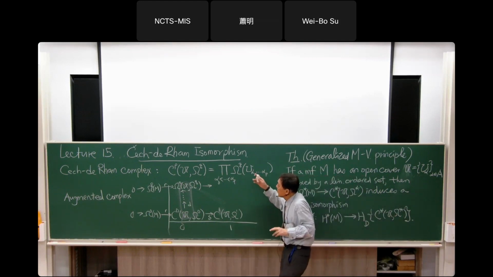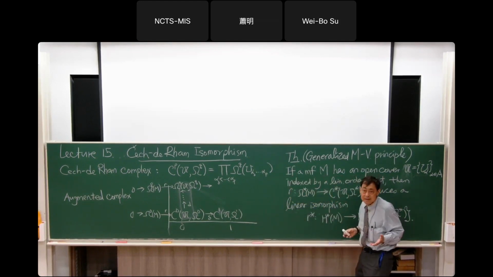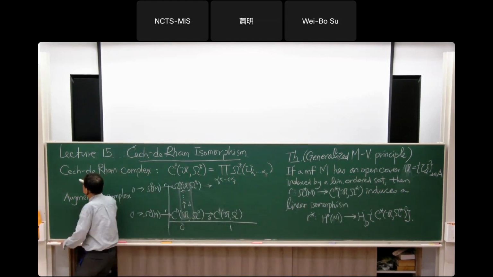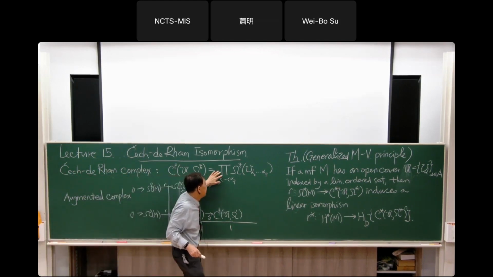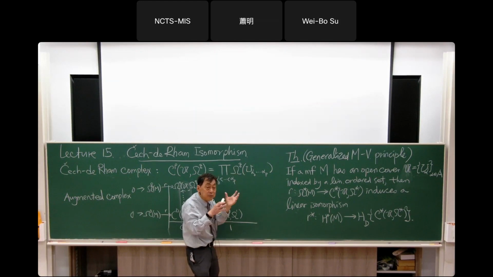And in order to prove that theorem, I'm going to first prove a theorem I stated last time. Last time we introduced the Čech-de Rham complex, which is just the complex of differential q-forms on p-1 fold intersections of an open cover.